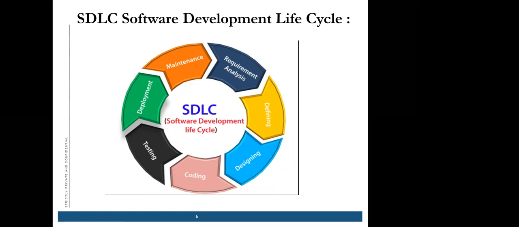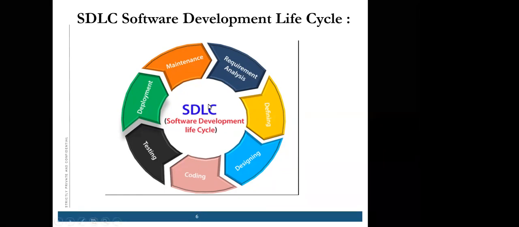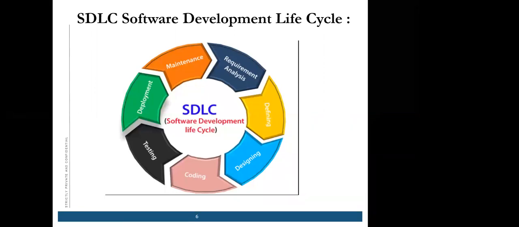Once the requirement gathering and analysis is done, the next step is to design and document the product requirement and get it approved by the customer. This is done through the SRS document, that is the software requirement specification document, and the software requirement specification consists of all the product requirements that we design and develop during the life cycle.